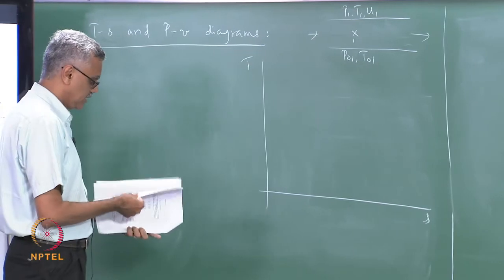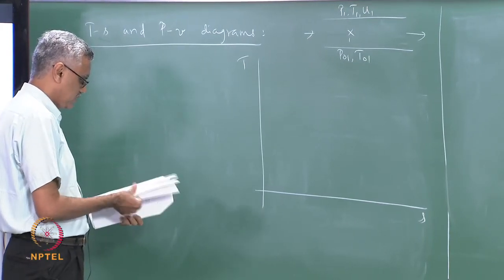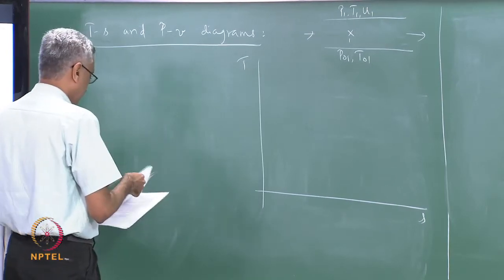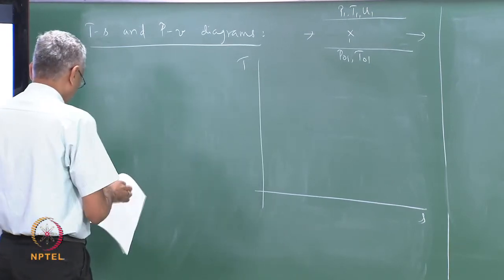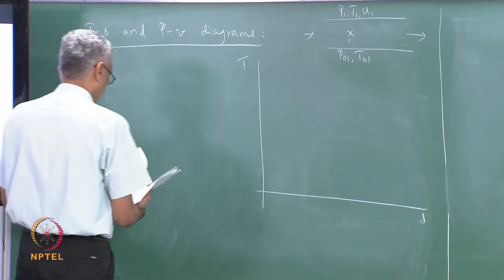So, to do a TS diagram, the first thing that we want to do is look at lines of constant V and constant P, and we start with the following equation.